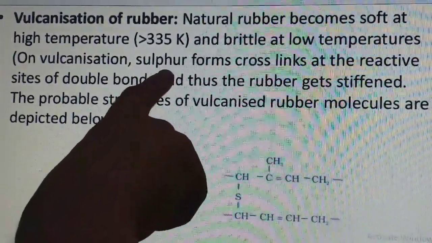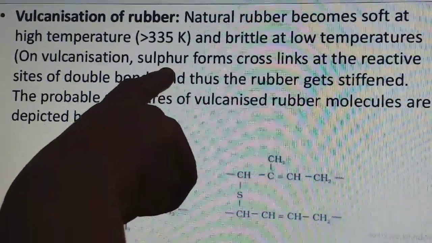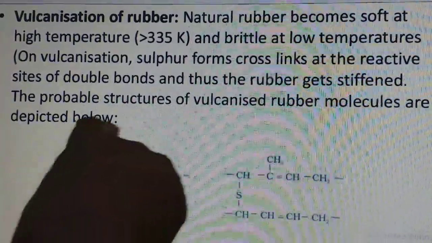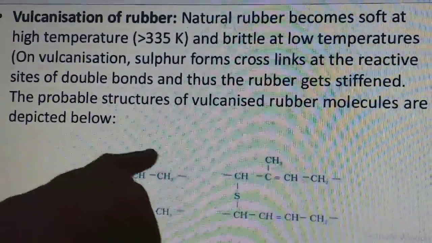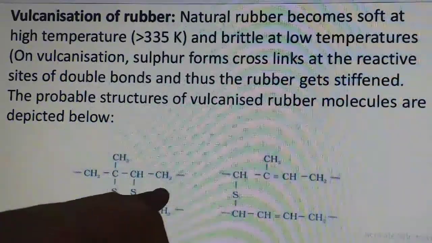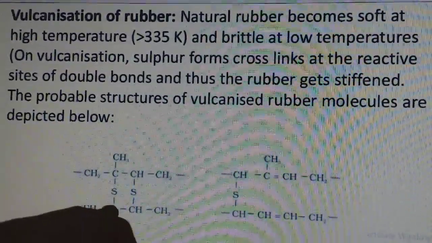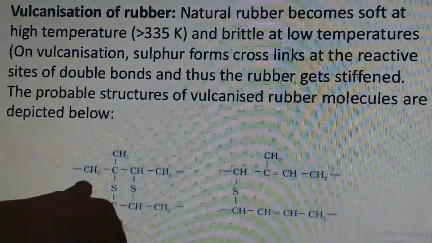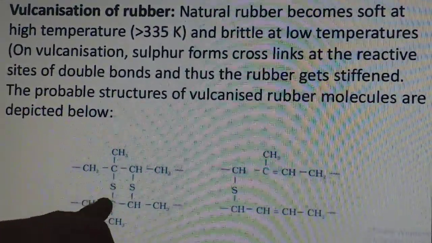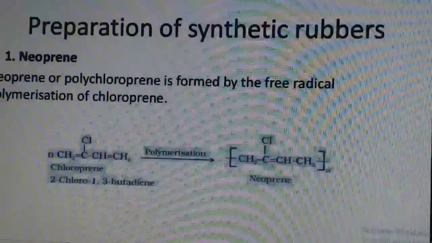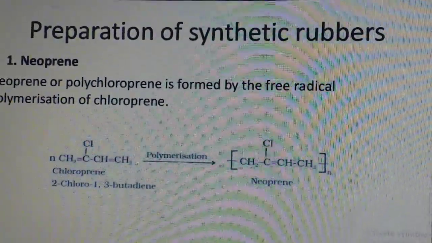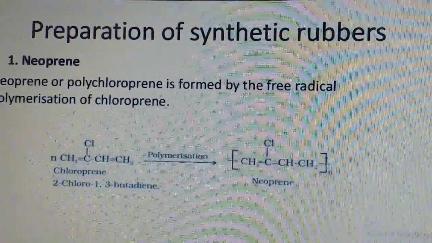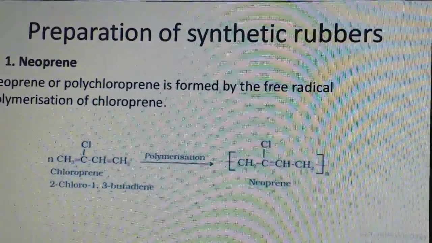While heating with sulfur at 373 to 415 Kelvin, 5% sulfur is taken and heated and you get a cross-linked vulcanized rubber, and it is chemical resistive and it will not melt, it will not powder. So you see here sulfur cross-link. That rubber we call vulcanized rubber. So rubber heated with 5% sulfur, cross-linking agent sulfur, we get a vulcanized rubber.